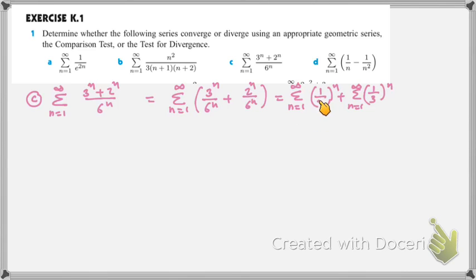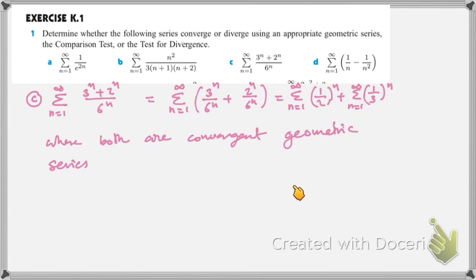The first series is geometric because it is 1 by 2 plus 1 by 2 square plus 1 by 2 cubed plus 1 by 2 raised to 4 plus etc. This is geometric with common ratio less than 1, so it is convergent. This is convergent as well, by the geometric series test. And so if both are convergent, their sum is going to be convergent as well. So that's how we check the convergence in this case.